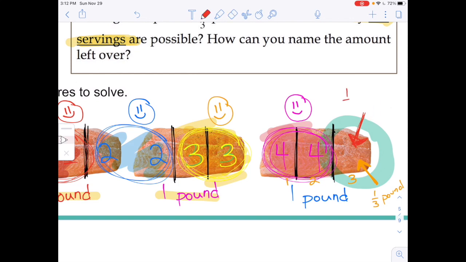Let me rewrite that so I have enough space. It's half of a serving. It's 1 out of the 2 that I would need to serve the next person. So it's half of a serving. I have 4.5 servings, but that half a serving is also 1/3 of a pound, right? It's 2 names for the same thing.